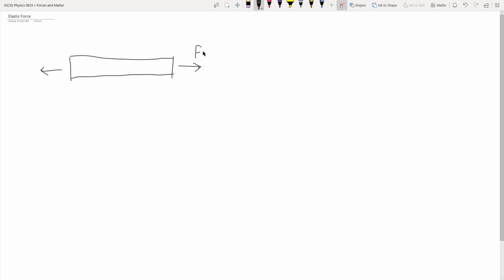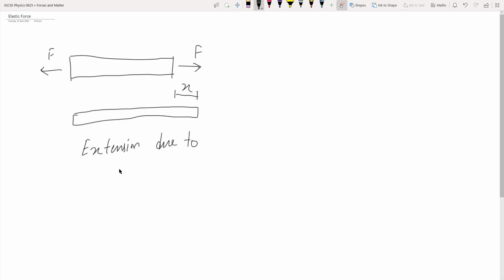Once we stretch this, we're going to see that the cross section will reduce, right? There will be some extension. As you can see, there is a change in length, and that is due to the action of the force. So this is what we call extension due to load or force.